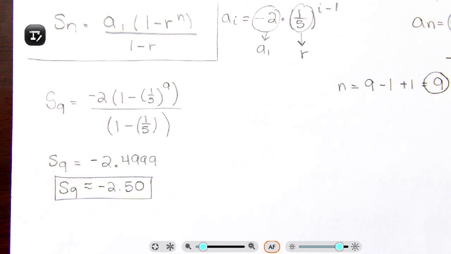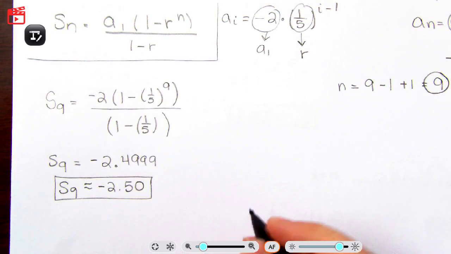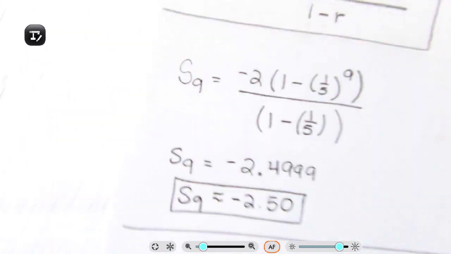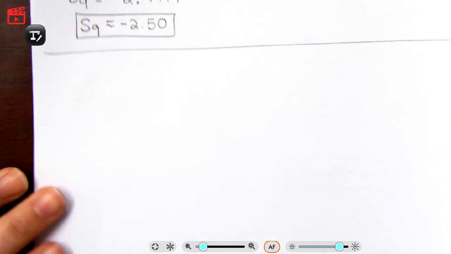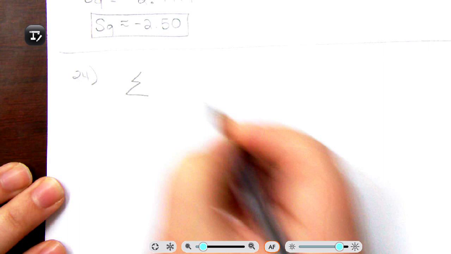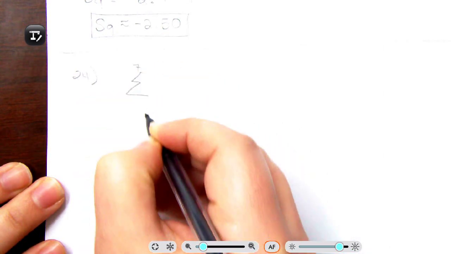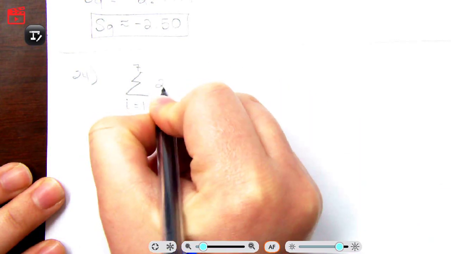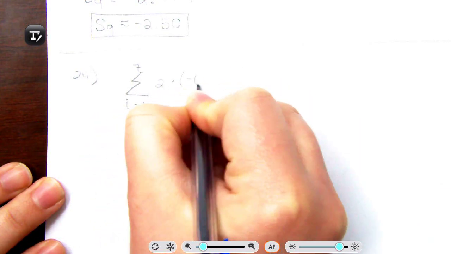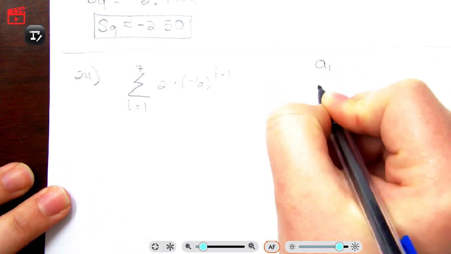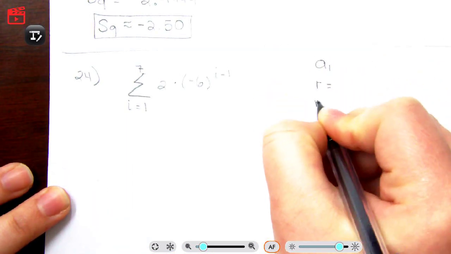Okay. Moving on to number 24. We have our upper limit being 7, our lower limit is 1, and our explicit rule or formula is given as well. Again, we need to identify a sub 1, we need to identify r, and we need to identify n.